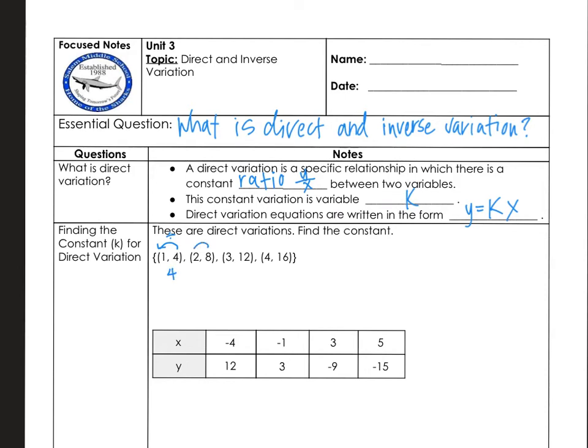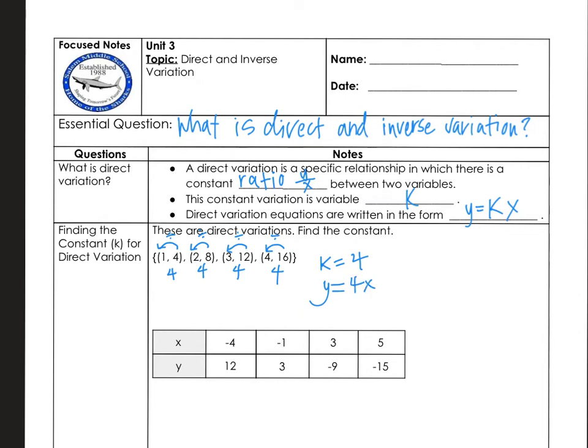If we take the y value 8 and divide it by the x value 2, we get 4. If we take the y value 12, divide it by the x value 3, we get 4. If we take the y value 16 and divide it by the x value 4, we get 4. So that means that our constant variation, our k, is 4. And how we would write our equation is y equals 4x.